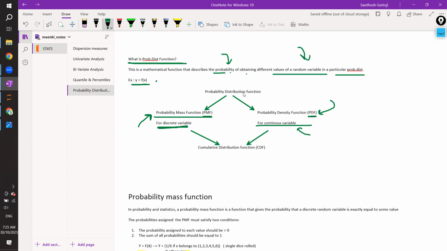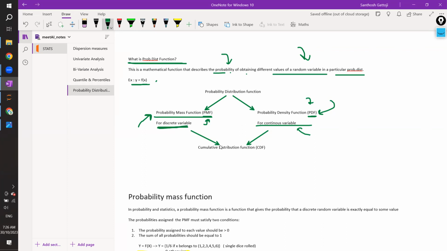Usually the probability distribution function is also PDF, and probability density function is also PDF, so you might get confused. That's why I'm going to call probability density function as PDF, and probability mass function as PMF.